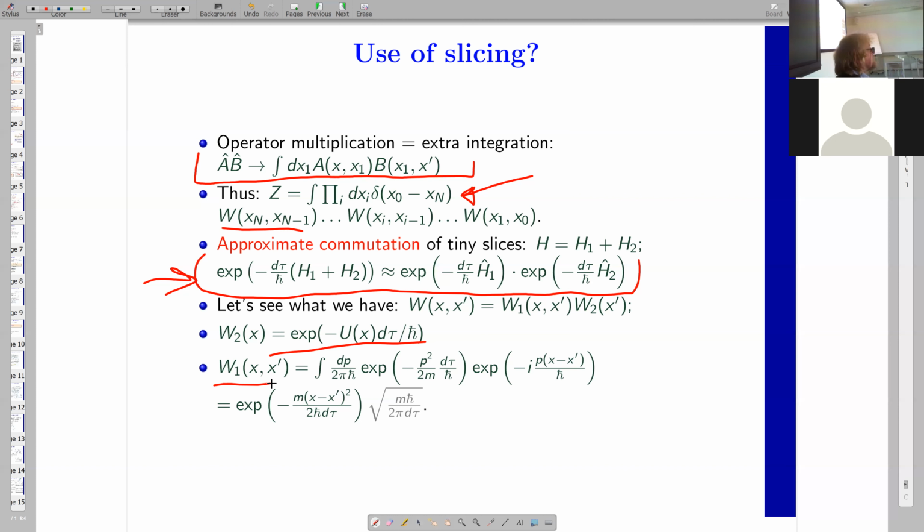How to compute this? The simplest way is to go to the representation of momentum, and this operator just comes like this. It's a Gaussian integral. One can take it, and the result is such an exponent.